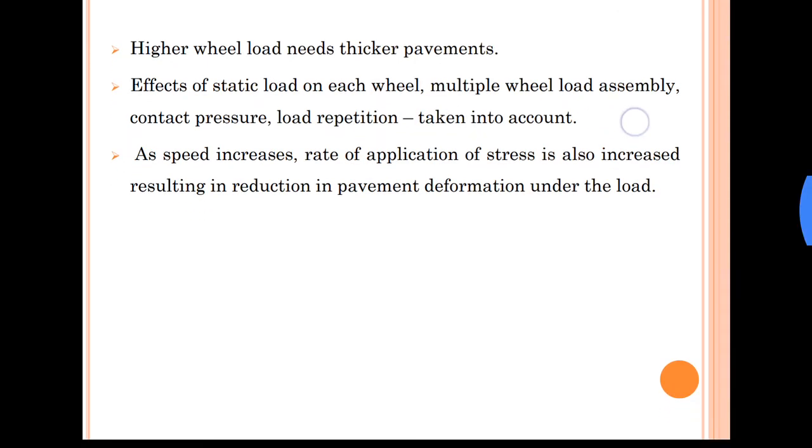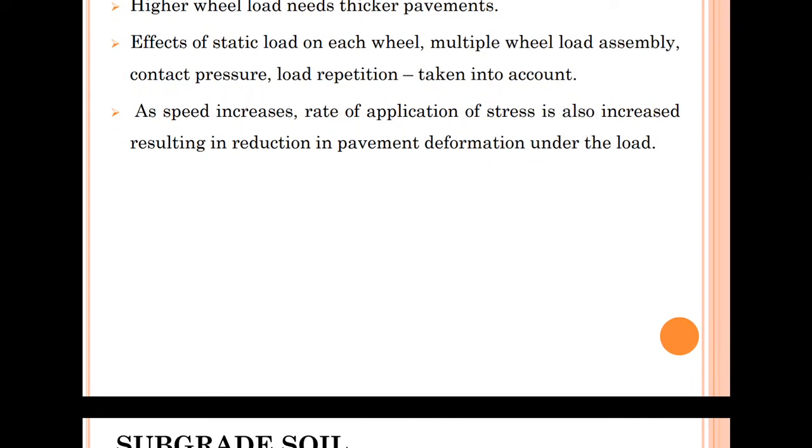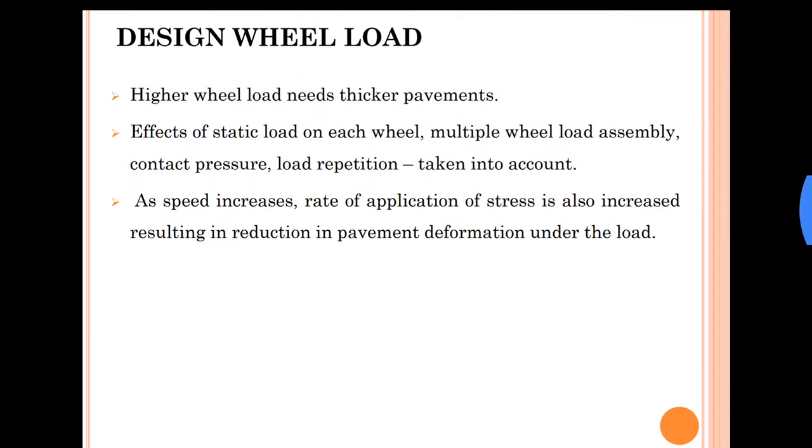All these have to be taken into account. And as speed increases, the rate of application of stress also increases, resulting in reduction in the pavement deformation under the load. So with increasing speed, the deformation under the load would be less as compared to a slower moving or a stationary vehicle. At that point there would be more application of load.